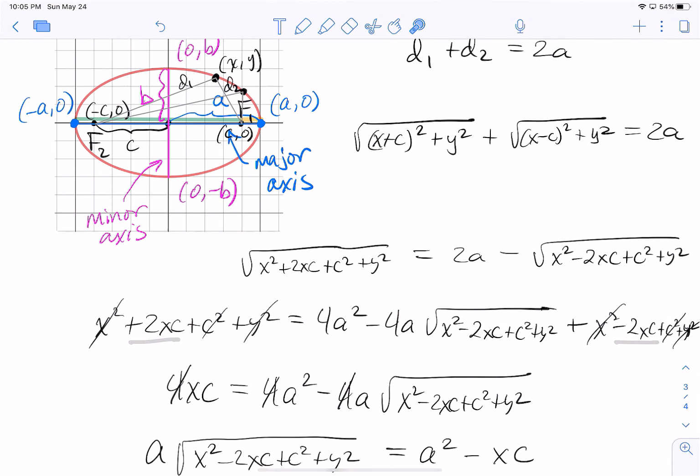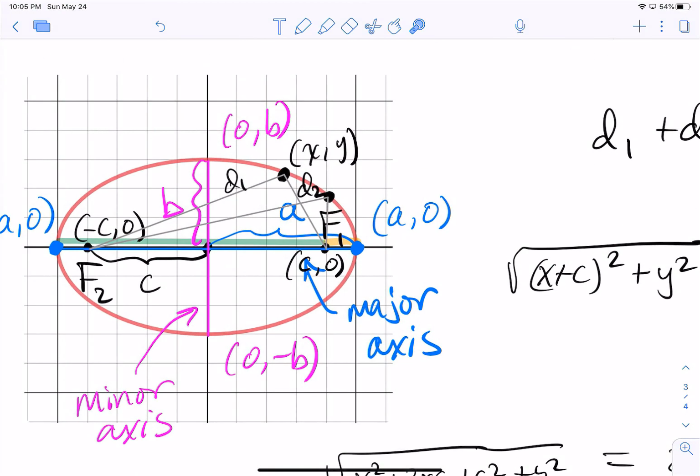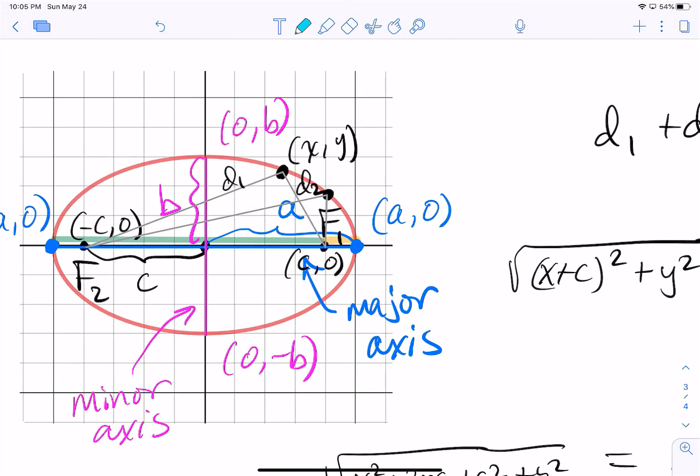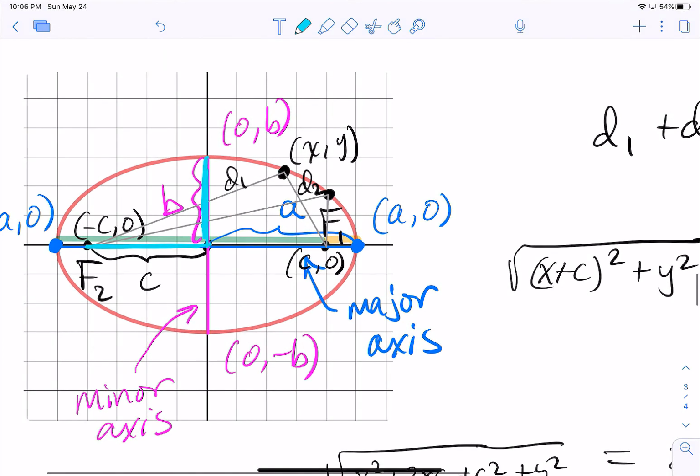it turns out that a, b, and c are related in a way that resembles the Pythagorean theorem. If we formed a triangle along the semi-minor axis, right, half the minor axis, so from the center to the edge defined by b, and then from the center to a focus, c, then the hypotenuse of that right triangle is going to turn out to be a.